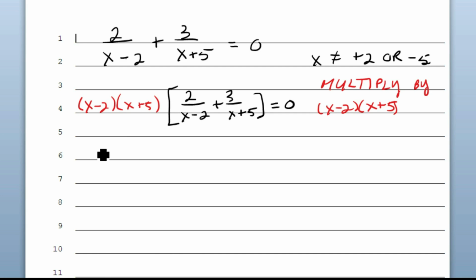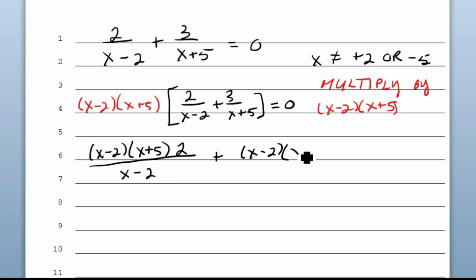So we end up with x minus 2 times x plus 5 times 2 over x minus 2 plus x minus 2 times x plus 5 times 3 over x plus 5 equals 0.